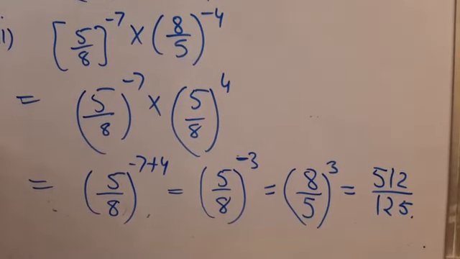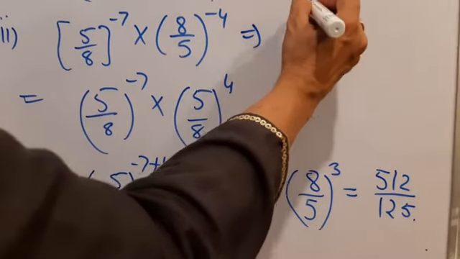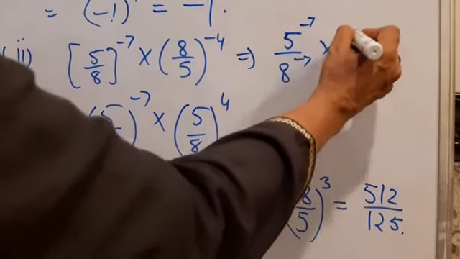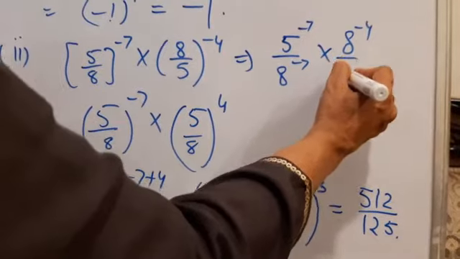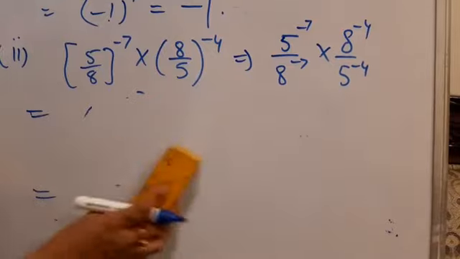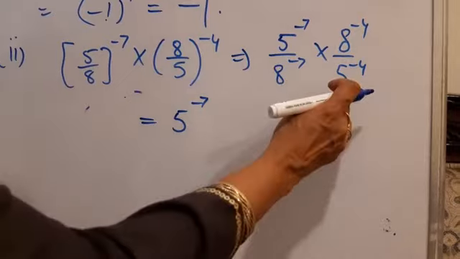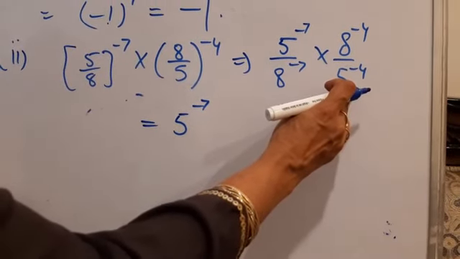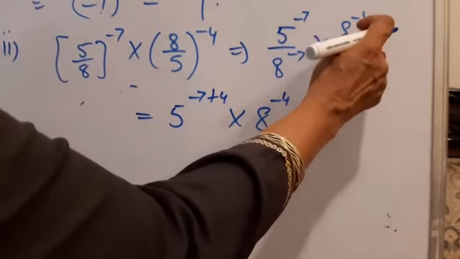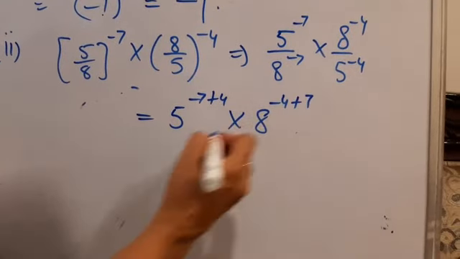One more way to solve this question is, you can do it as 5 raised to power minus 7 upon 8 raised to power minus 7, times 8 raised to power minus 4 upon 5 raised to power minus 4. Now we can collect their powers. How? Here it is minus 7 and minus 4 will go in the numerator and it will become positive. In the same way, 8 raised to power minus 4, this power will go up and it will become positive.